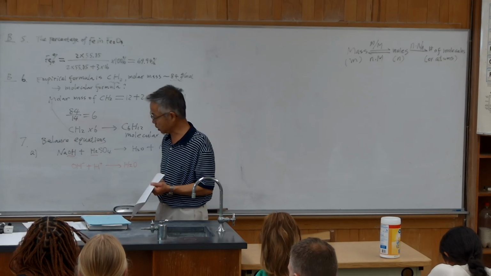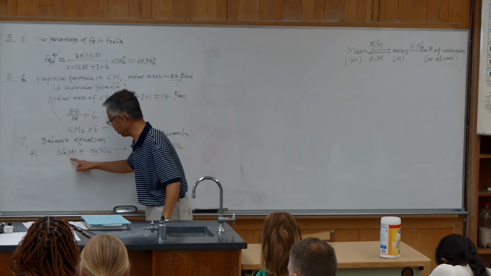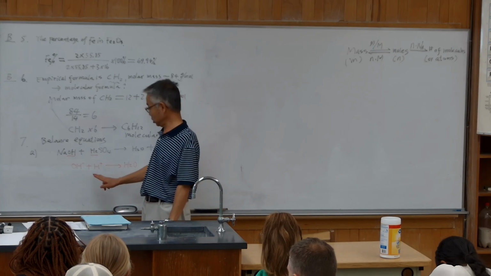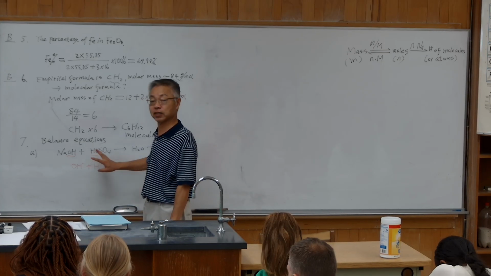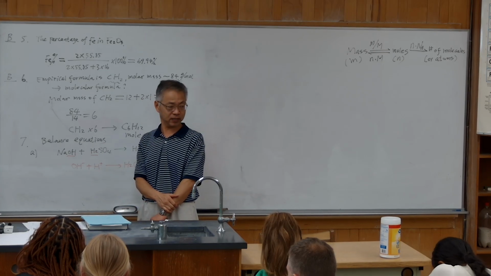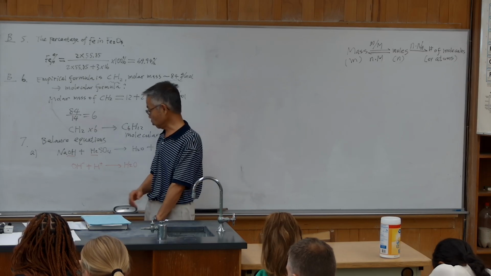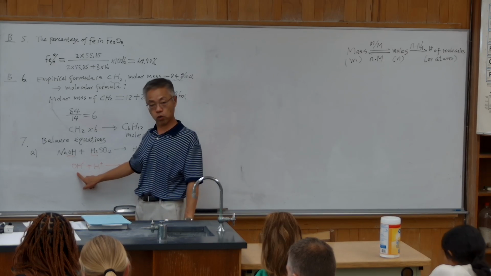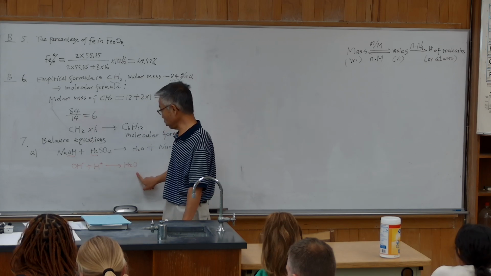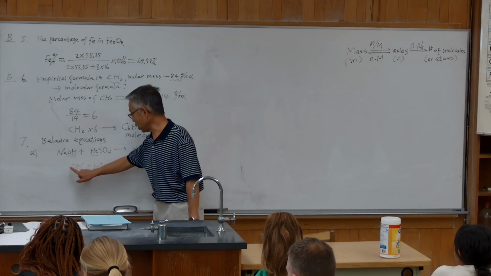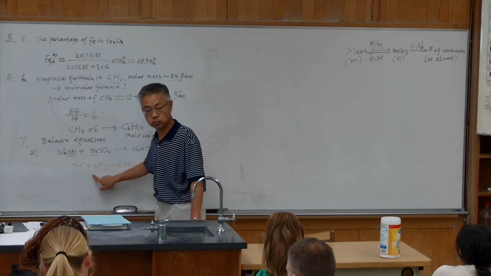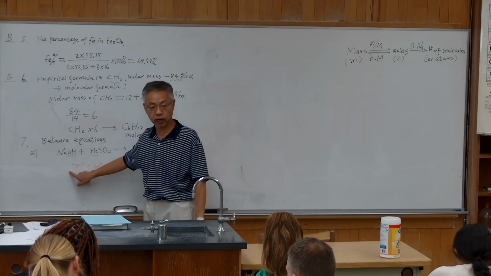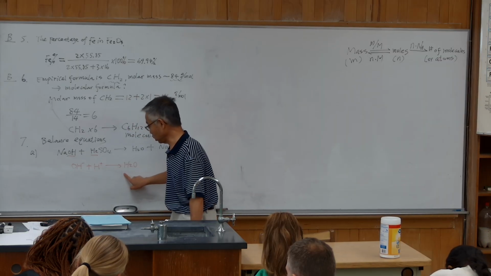Whenever you see a reaction between an acid and a base, just remember this. Then balancing the equation is very easy. So one hydrogen ion reacts with one hydroxide ion, producing one water. Then if two hydrogen ions, you must have two hydroxide ions, producing two water.